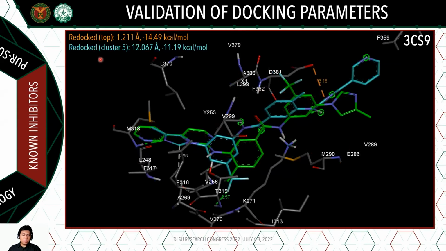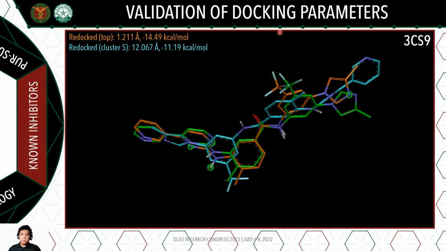We also noted that in one of the lower clusters, the native ligand can bind differently in the binding pocket. You can see the pyridine here at this position and the methylimidazole ring at this position, so it's somehow inverted.